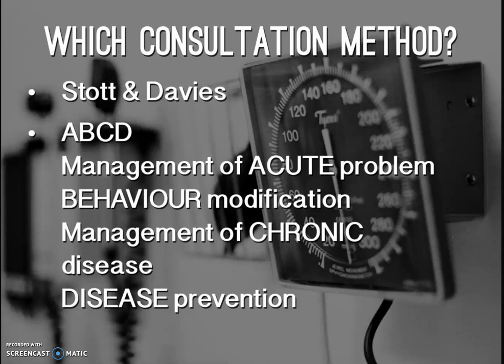They also have an acute symptom or acute problem on top of a background of multiple chronic diseases. So that is why we use the ABCD, how you actually plan your management or consultation in a primary care setting.